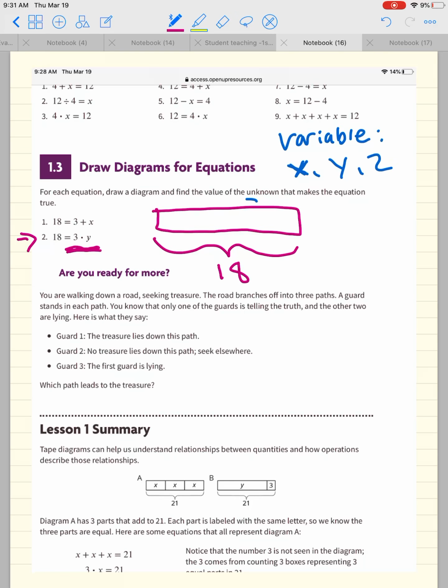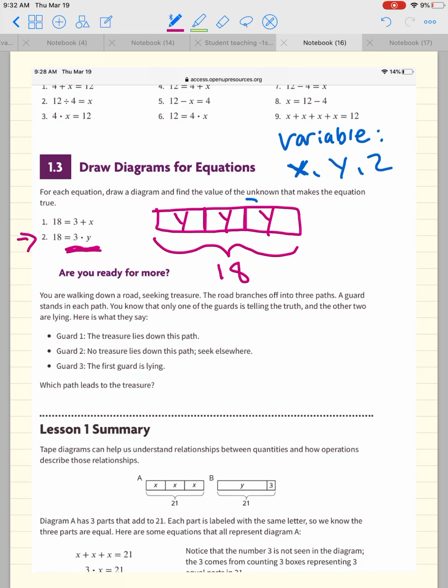I don't know what y is, so I'm not going to be able to fill out a number, but I do know that y is repeating 3 times. So I know that I can go ahead and split my diagram into 3 equal parts. And each of those parts is going to equal whatever y is. So that's what my diagram is going to equal.